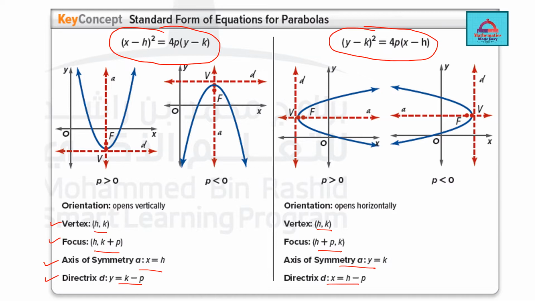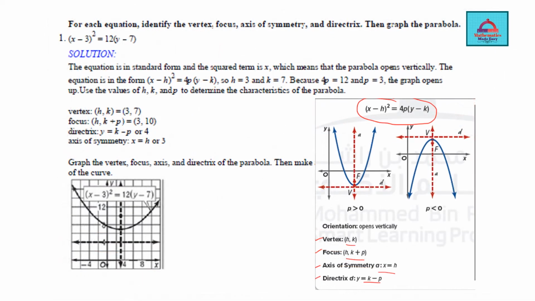In question number 1, for each equation we need to find vertex, focus, axis of symmetry, directrix. So four things, and finally the graph. So look at the equation. Now this equation resembles (x minus h) whole square equal to 4p times (y minus k).